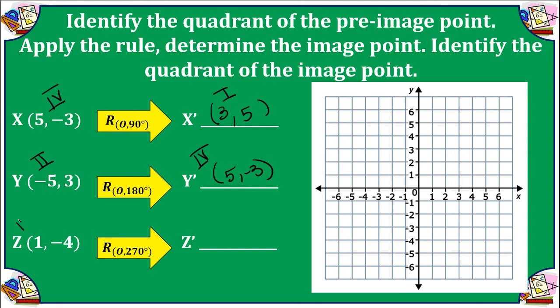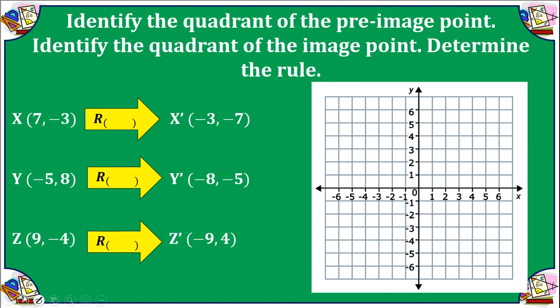Z starts in quadrant 4. We're going all the way around, so we will end in quadrant 3, where everything needs to be negative. So going 270, the x's change to their opposite, the y's stay the same value, and then they flip-flop. So this is going to be -4, -1, which does give us a coordinate in quadrant 3.